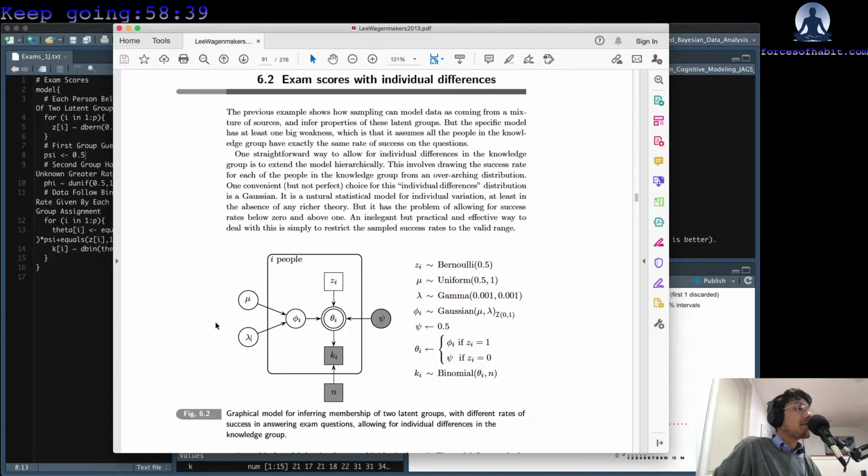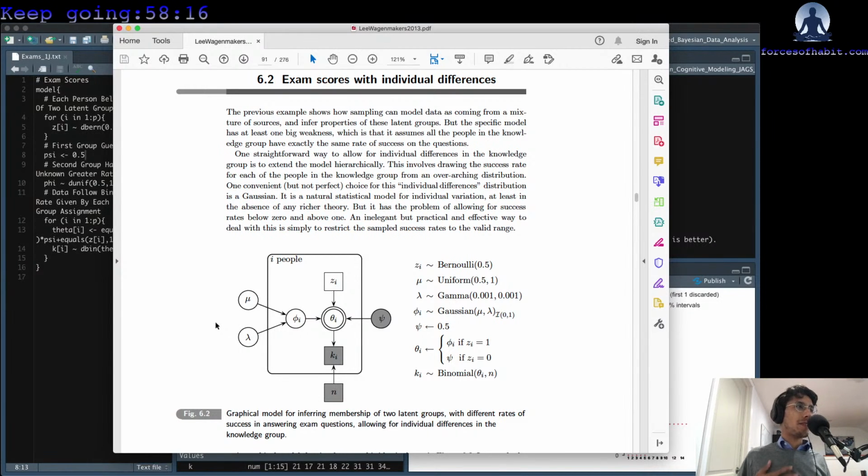So what that's saying is that we can have individual scores of success for each person. So we can account for variability in the scores across each person, right?